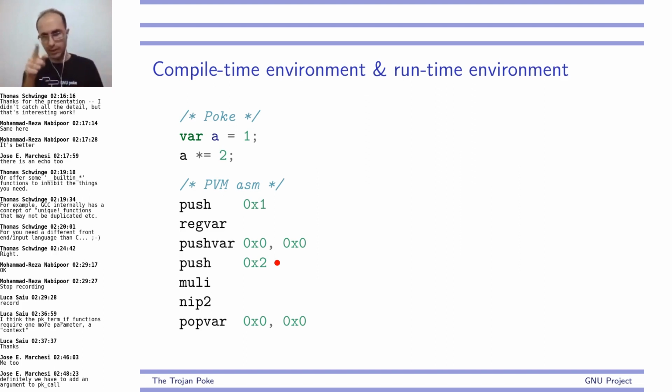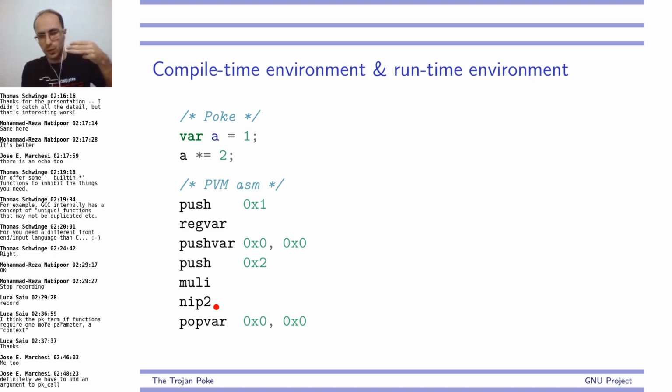The 1 and 2 are integers, so the type of a is int32. So we use mul I, multiplication for integers, and mul I will put the value of the multiplication on top of the stack. So we have 3 items in the stack now.